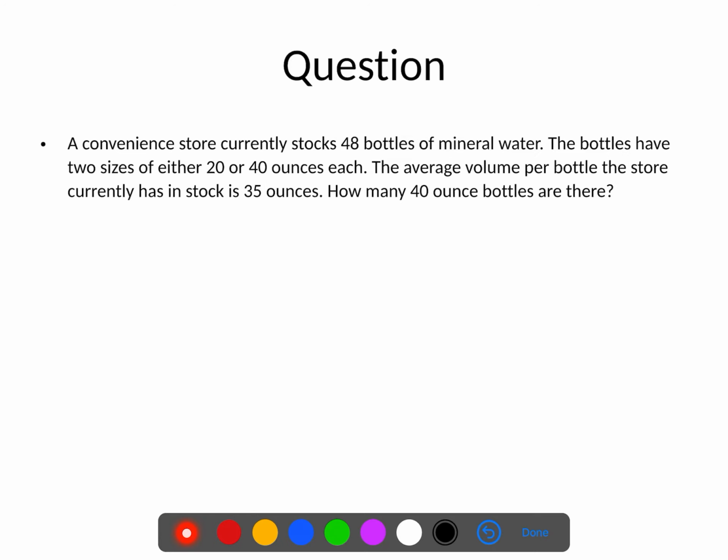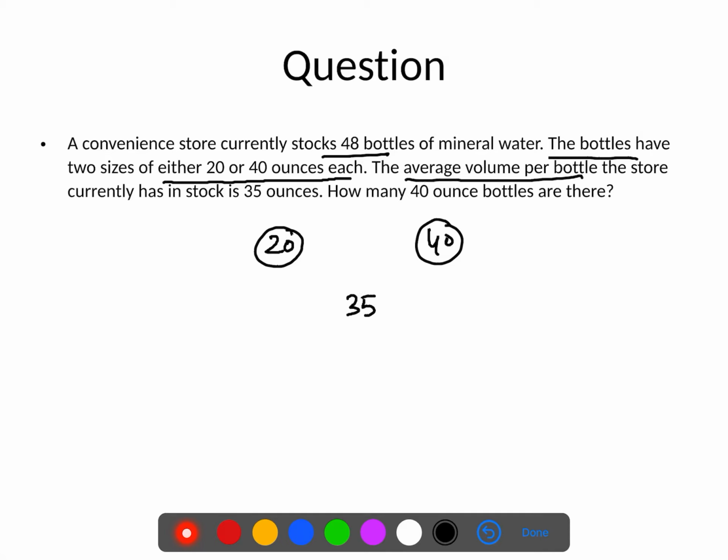Let's take one more question. A convenience store currently stocks 48 bottles of mineral water. The bottles have two sizes of either 20 or 40 ounces each. So 20 is one value, 40 is another value, and we are talking about the combined average, which is 35, average volume per bottle.